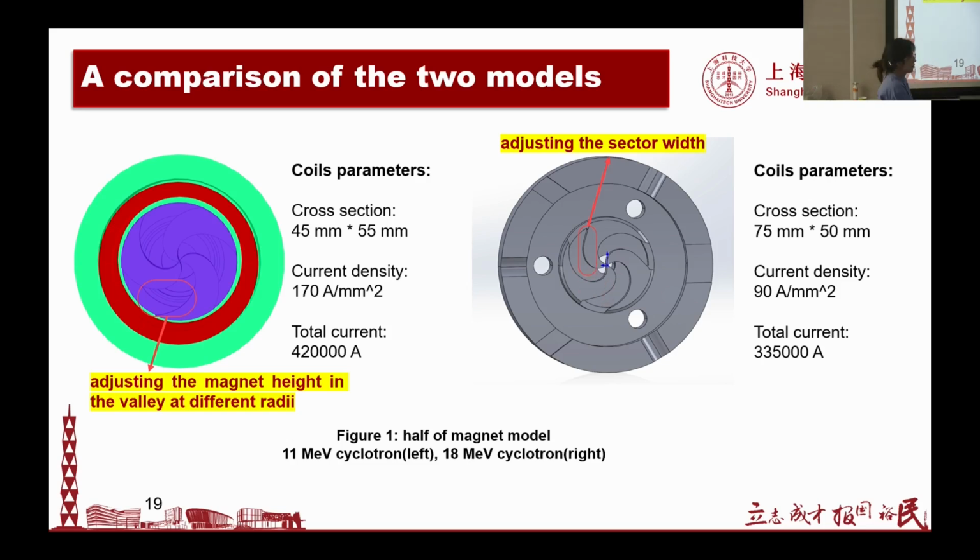I think this method is simpler and more feasible than the previous approach. And the current density is also decreased from 170 ampere per square millimeter to 90. The total current is also decreased.